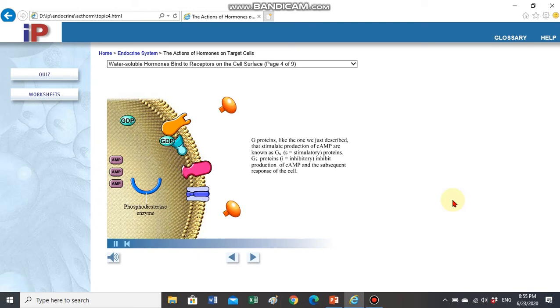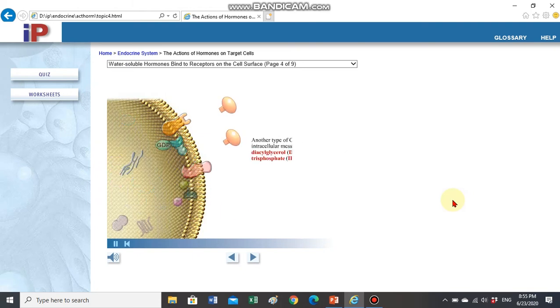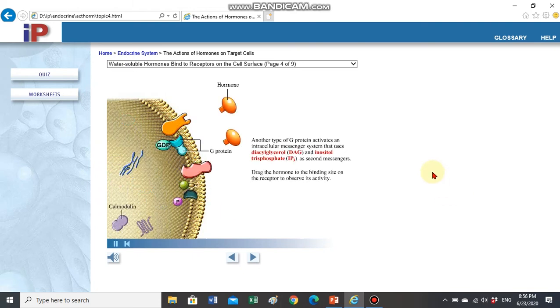Drag each hormone to a binding site on the receptor to observe its activity. When a hormone binds to a tyrosine kinase receptor, the receptor joins with a neighboring receptor and changes shape. Each receptor phosphorylates tyrosine groups in its neighbor.